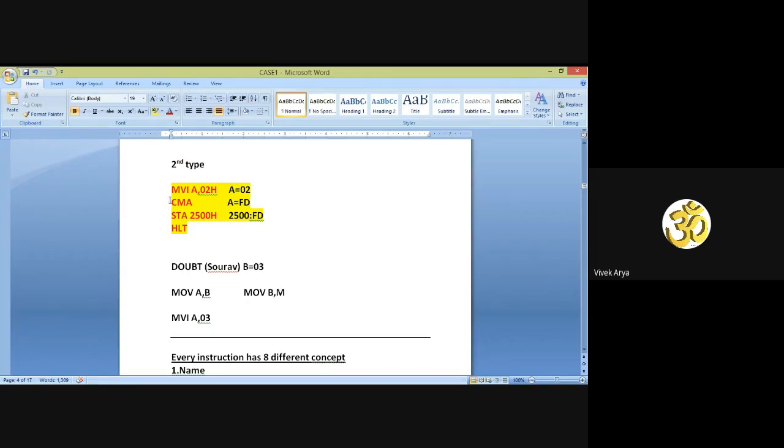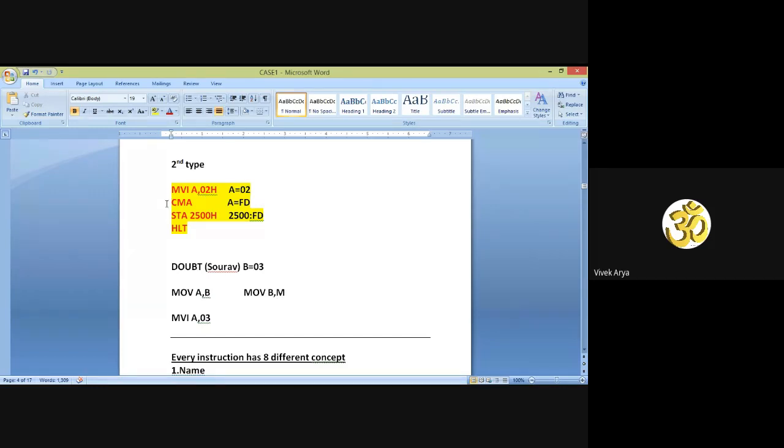Now the second instruction we have is CMA. What is the function of CMA? Complement of A. Complement and load in accumulator. Basically CMA performs one's complement. Any data available in accumulator, it performs one's complement of that data.